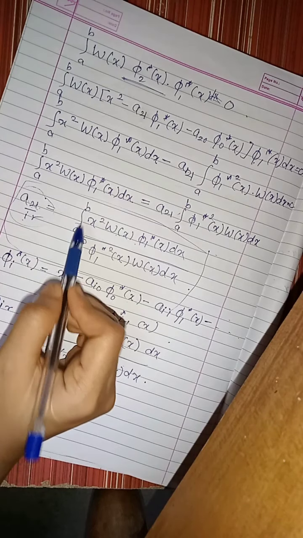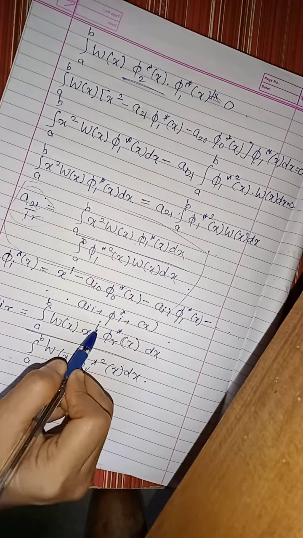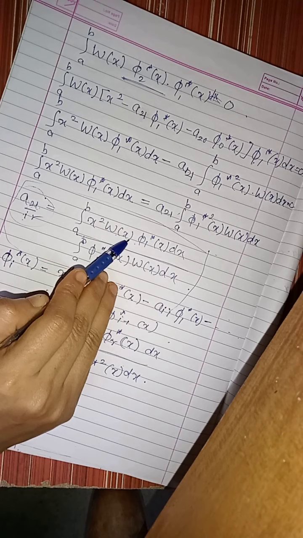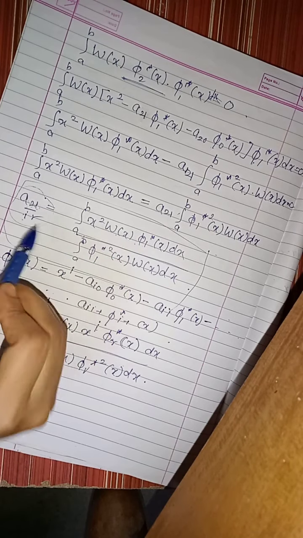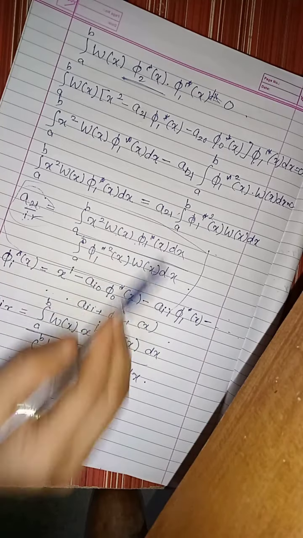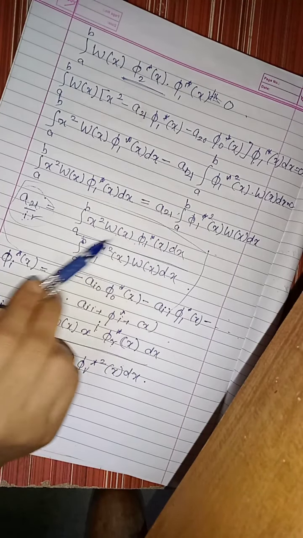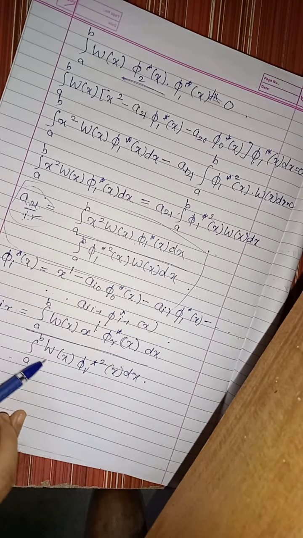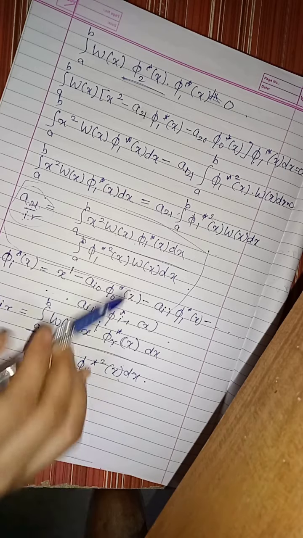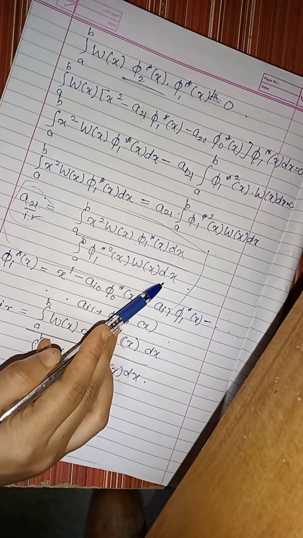So this is equal to integral a to b, now x raised to I, here I equals 2, so x square into w of x into phi r star of x, where r is 1, so phi 1 star of x dx upon integral a to b w of x into phi r star square of x, r value is 1, so phi 1 star square of x dx.